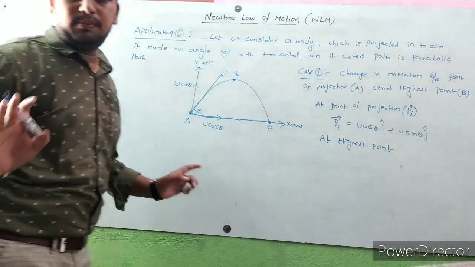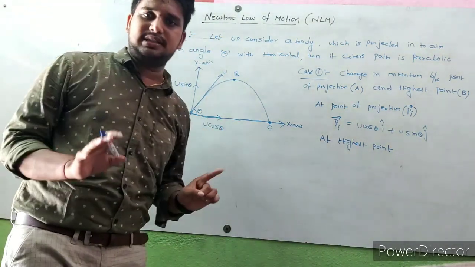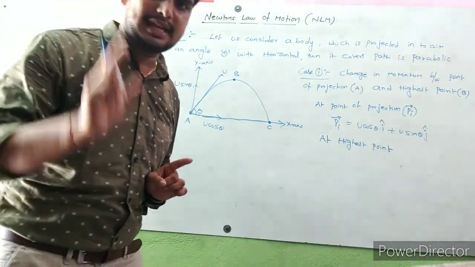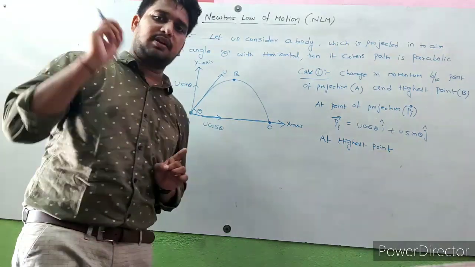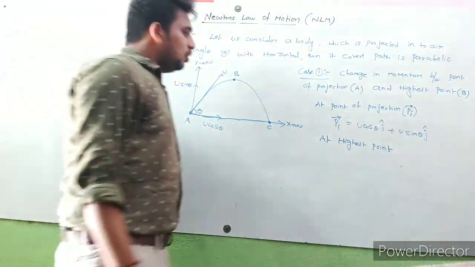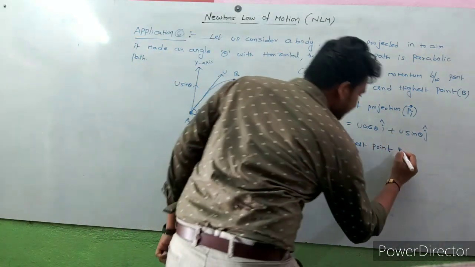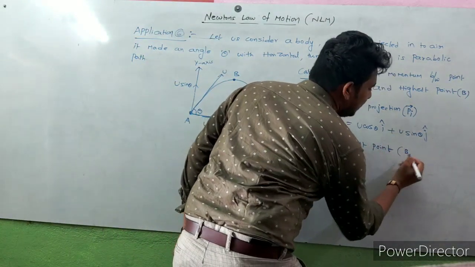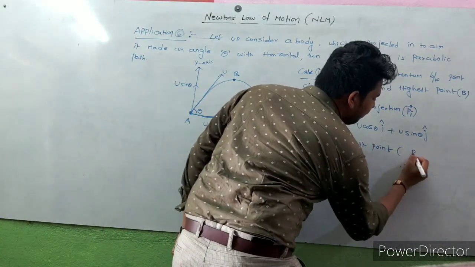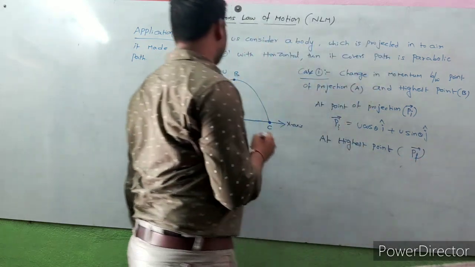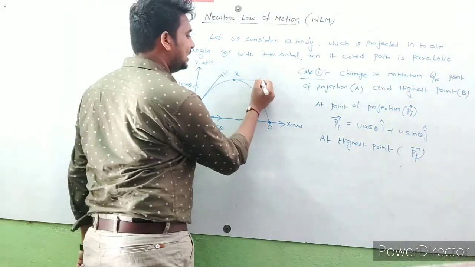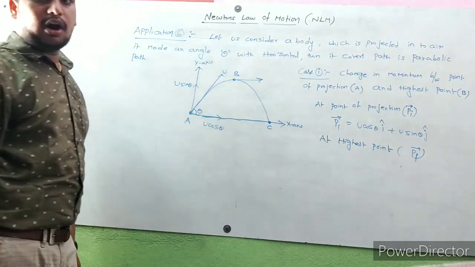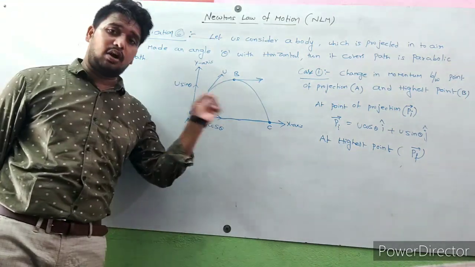It is very simple, don't panic, please watch the lecture till the end. Definitely you will realize that you should love the concept of physics. So at the highest point B, we consider p f bar. Observe carefully, at this highest point only the horizontal component exists.